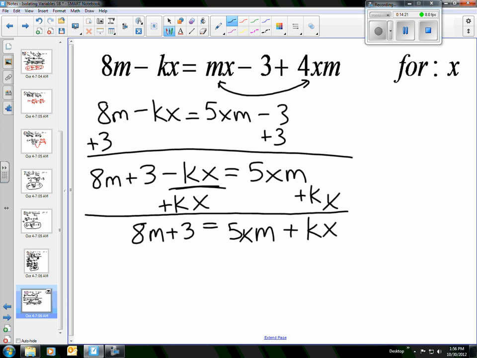And again here, similar concept, we cannot add the 5xm with the kx. Those are not like terms. But instead, we can use the reverse distributive property, seeing that the x's are both common here. And what we would do is create a set of parentheses of 5m plus k. And then on the outside, we have our x.